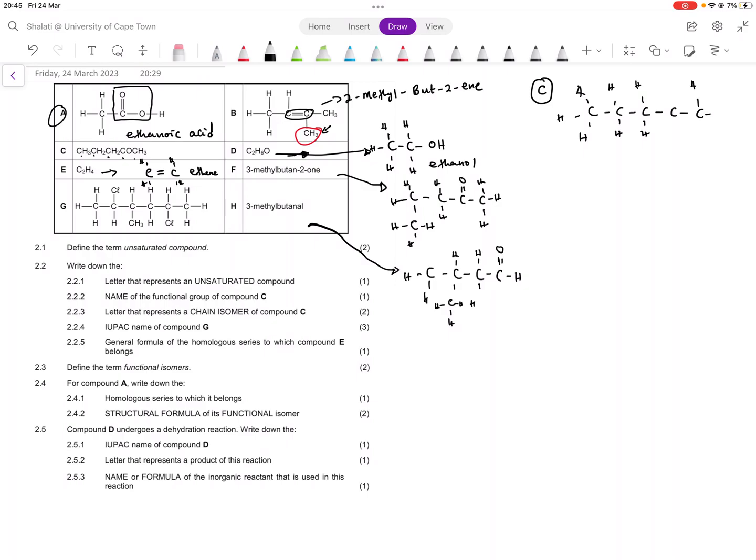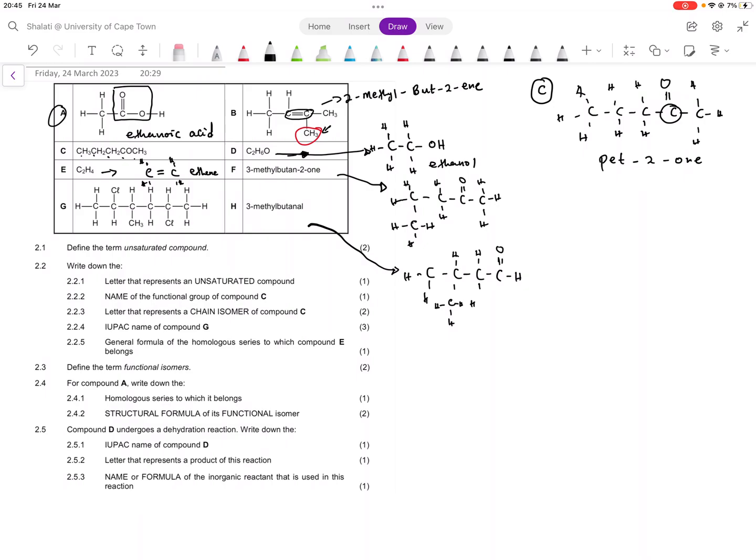On the last one, I have 3 hydrogens. So this carbon needs 2 bonds. That means I have a double bond oxygen. So that one makes a ketone. So it's 5 carbons for pent. So it's gonna be pent-2-one. That is structure C.